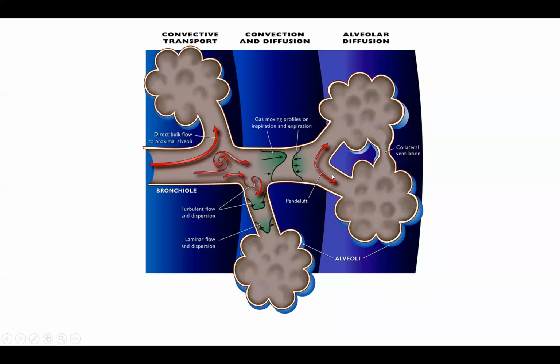And this happens regardless of whether you're using this oscillation or not, but it plays a role in the setting of oscillation. There is turbulent flow that occurs when you're shaking the system. So just by this shaking, you're basically causing air within the airways and the alveolar units to move around very quickly.